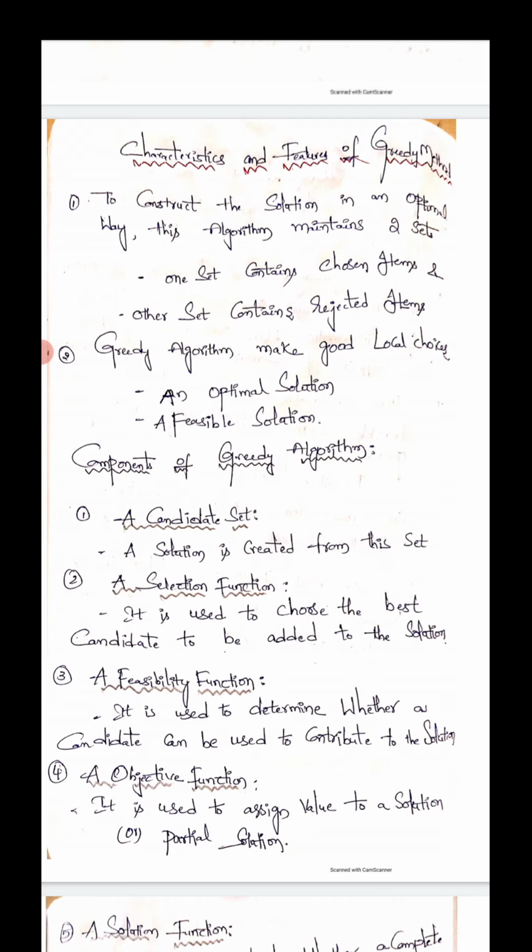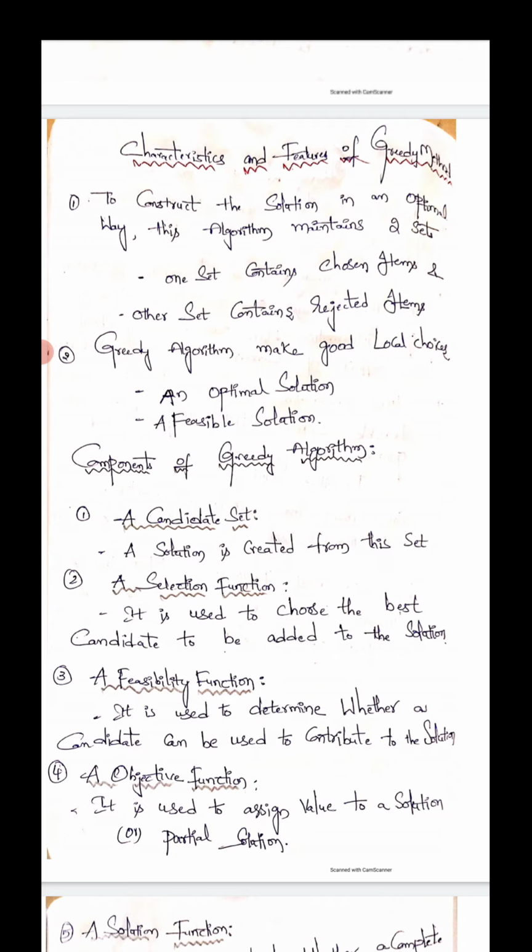The second characteristic of the greedy method is that the greedy algorithm makes good local choices, like an optimal solution or a feasible solution. What is the meaning of an optimal solution? The best and most favorable solution. If it maximizes or minimizes the objective function, then it is said to be an optimal solution.